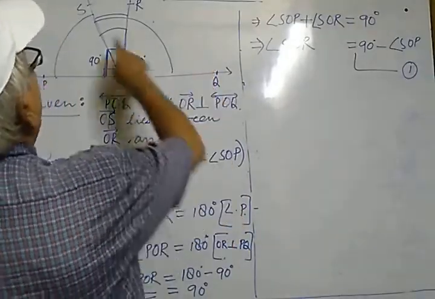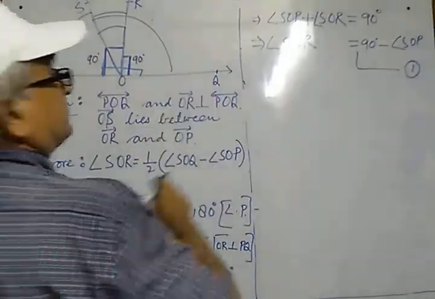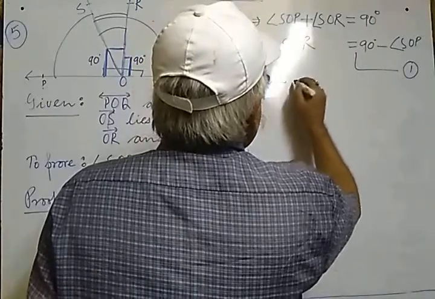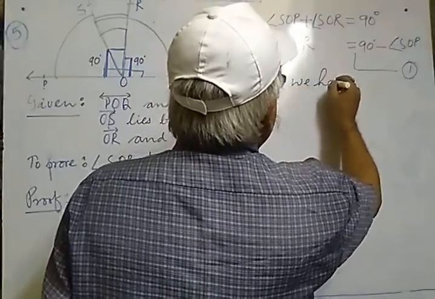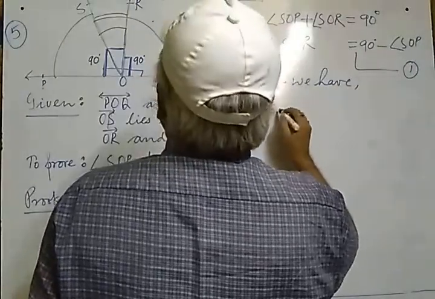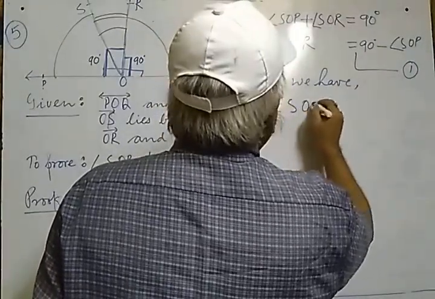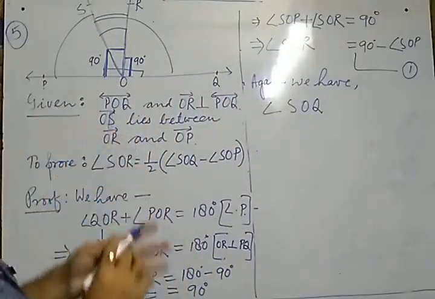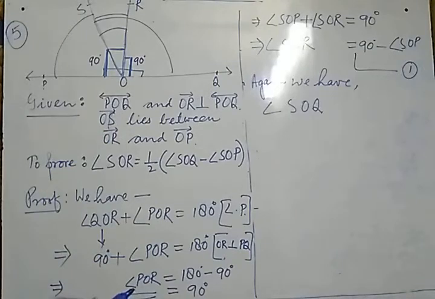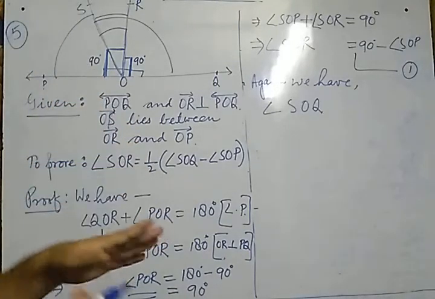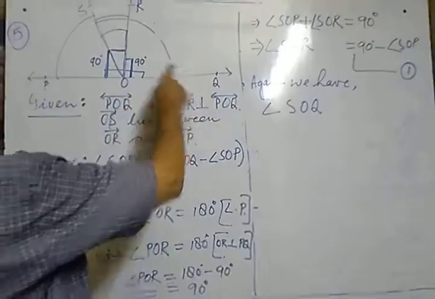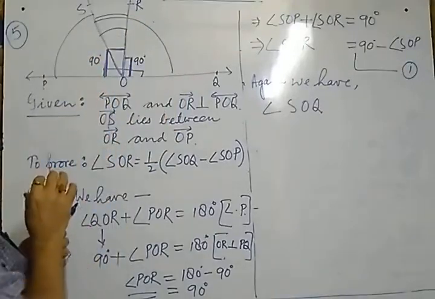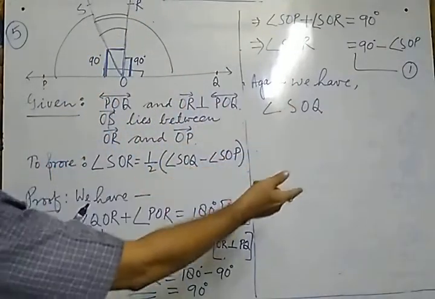We have to observe angle SOQ, and SOQ is again the combination of two angles. See, SOQ is the combination of this angle and this angle. So this will be converted into two angles.